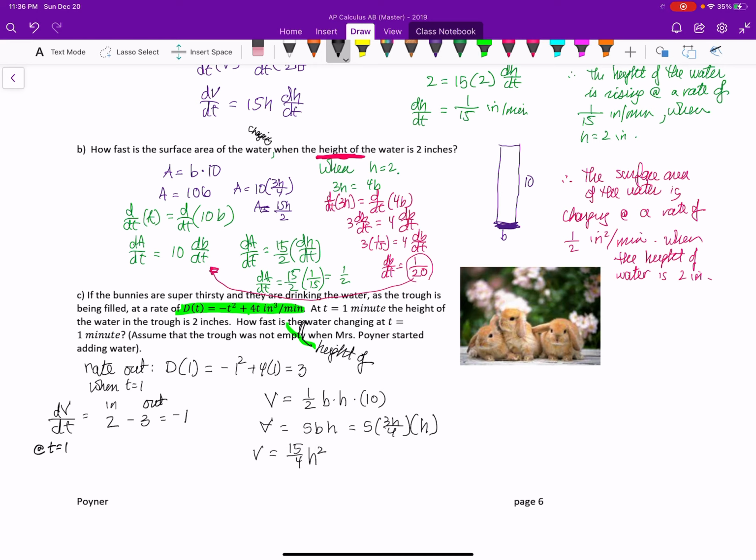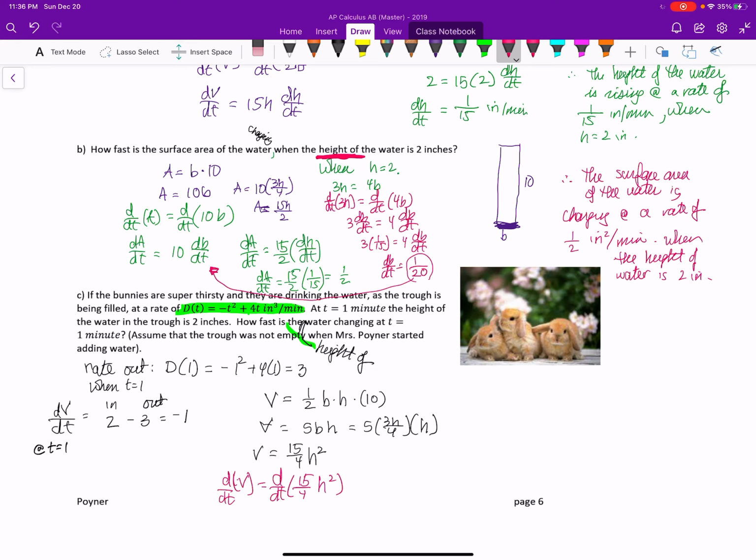And then we take the derivative. So it just adds a little extra step to it. d/dt of both sides, d/dt of 15/4 H squared.